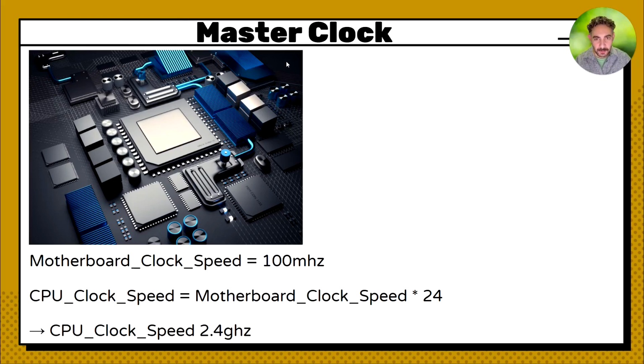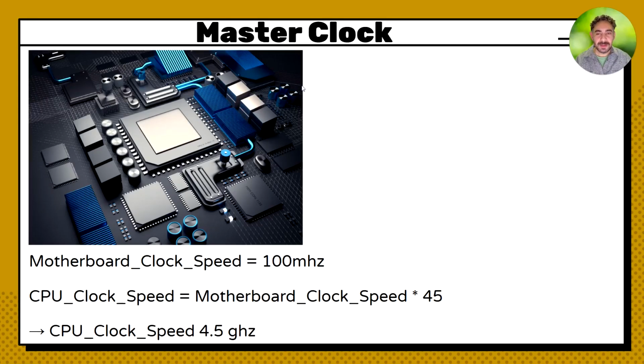So if the motherboard clock speed was 100 MHz and the CPU clock speed is 24 times this, the CPU clock speed would be 2.4 GHz. So if we make a slight change, if the motherboard clock speed was 100 MHz and the CPU clock speed was multiplied by 45, then this would mean our CPU clock speed is 4.5 GHz.